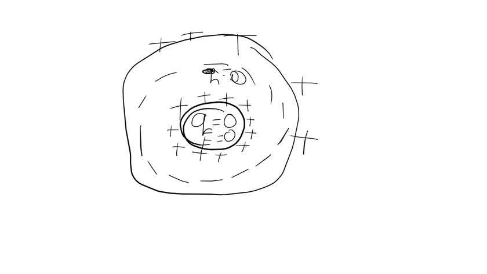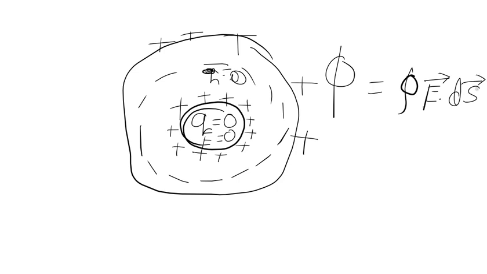According to Gauss law, phi is equal to the surface integral of E bar dot ds bar. The electric field inside the cavity is zero, so the flux through the Gaussian surface is also zero.